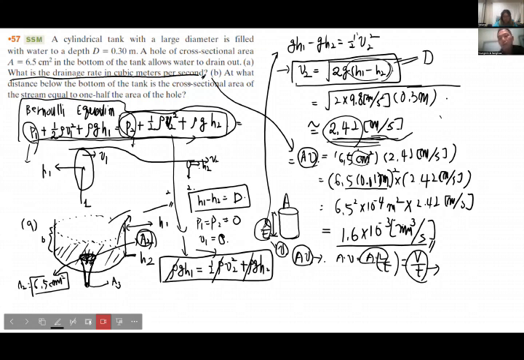Okay. So part B: at what distance below the bottom of the tank is the cross-sectional area of this stream equal to 1/2 the area of the hole?